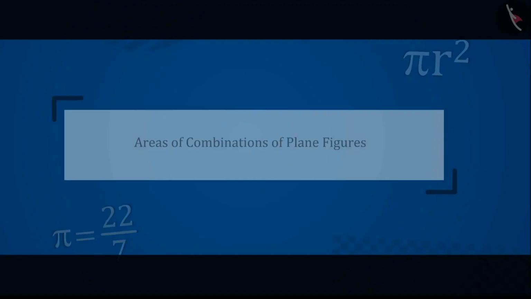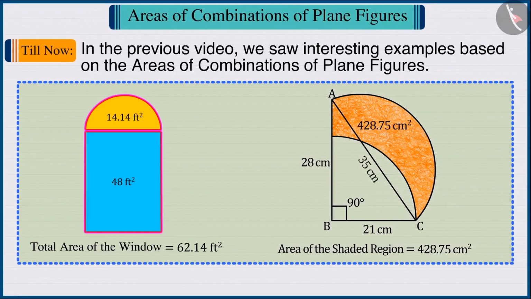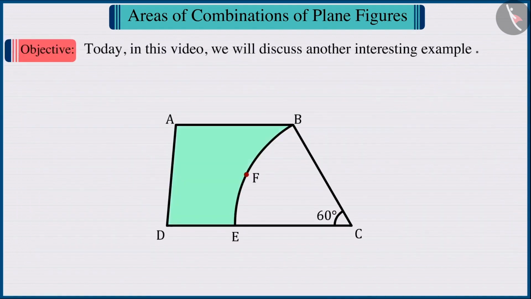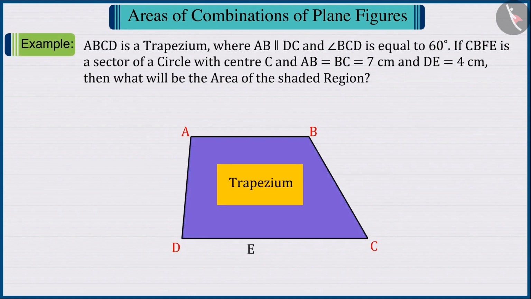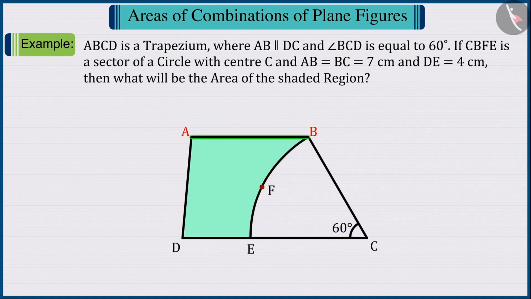Welcome to this video. In the previous video, we saw interesting examples based on the areas of combinations of plane figures. Today, in this video, we will discuss another interesting example. In the given figure, ABCD is a trapezium, where AB is parallel to DC and the measure of angle BCD is 60 degrees.